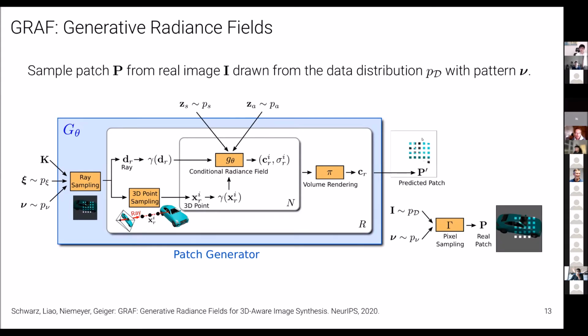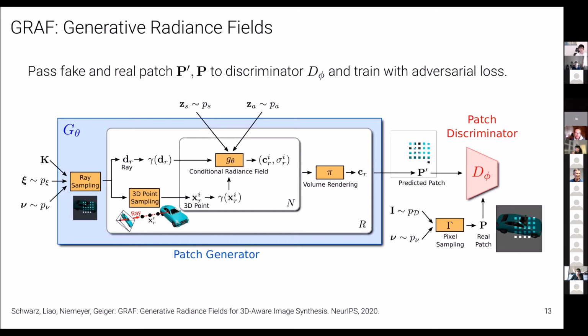Now we want to compare this patch to real patches. So what we do is we take real images and we sample real patches using the same patch sampling procedure, so that we get a patch of the same size, also 5x5 or in practice 32x32. And because now we have a very standardized patch size, we can use a very shallow and standard 2D convnet discriminator to compare these two with respect to each other.